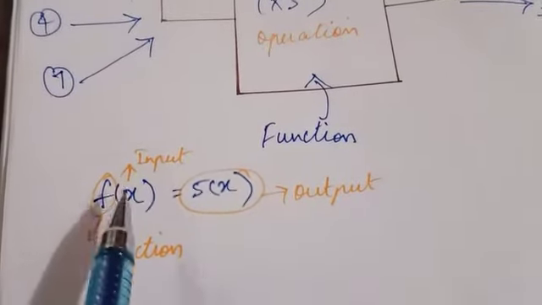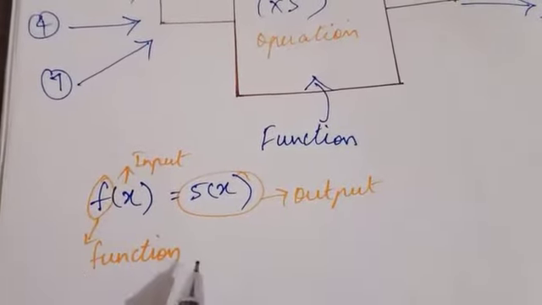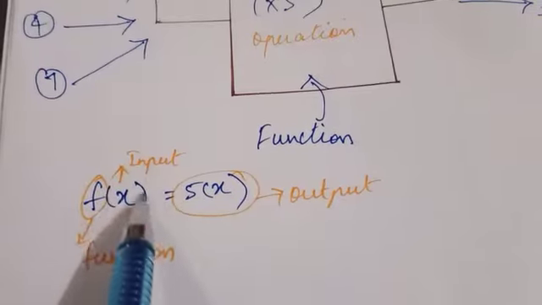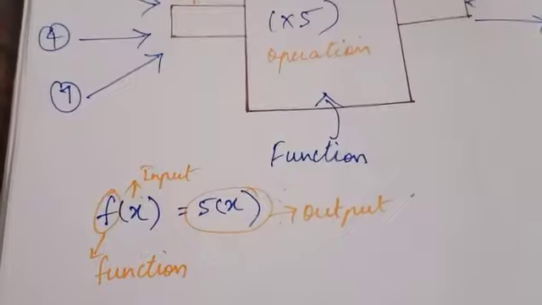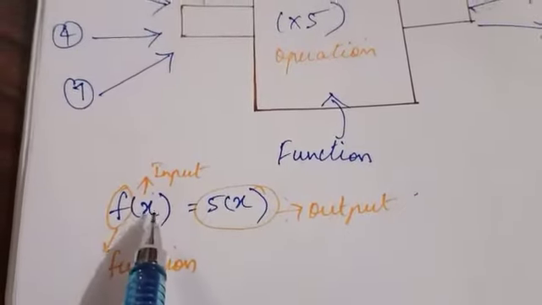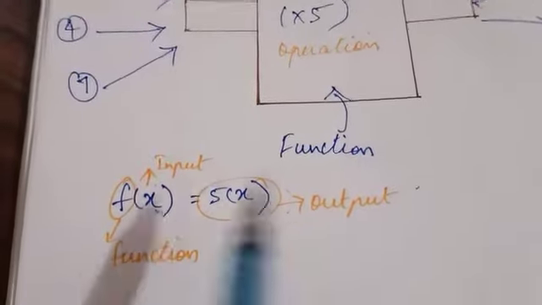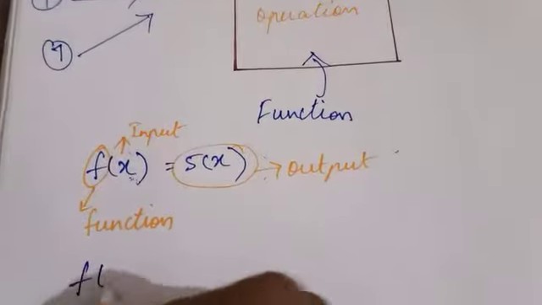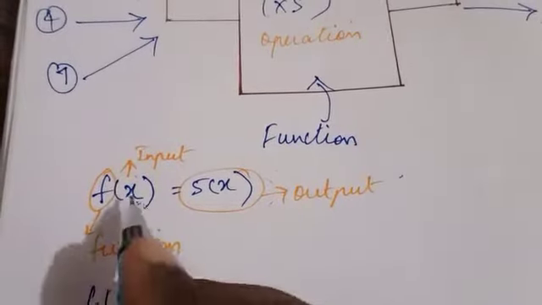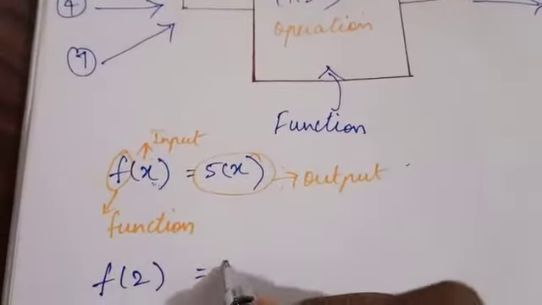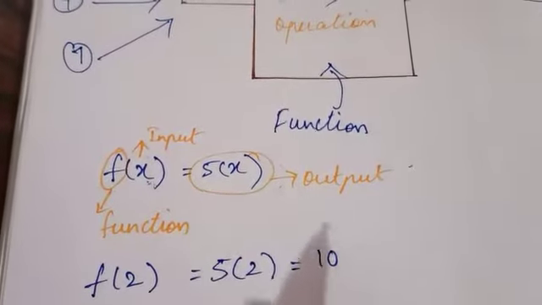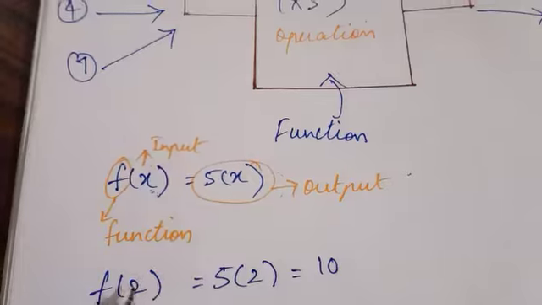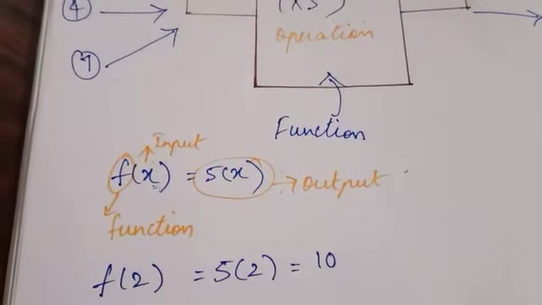Here f denotes the function, x denotes the input, and this is our output. If I feed 2, that is f of 2, then my output will be 10. In the place of x I am substituting 2.